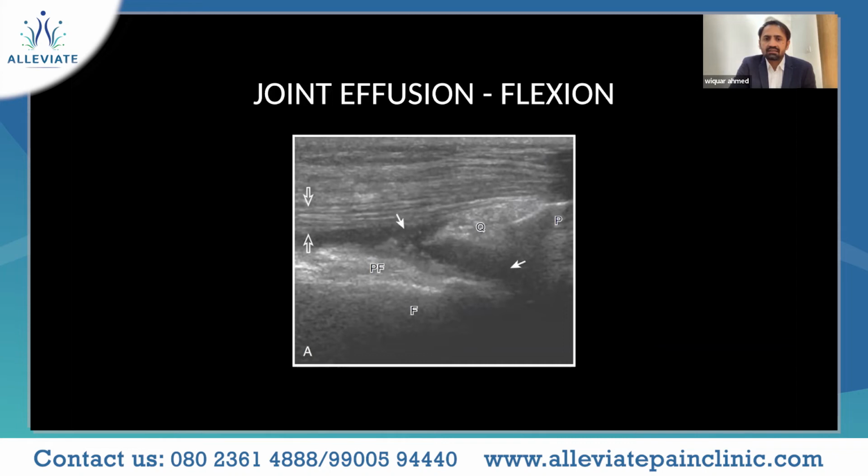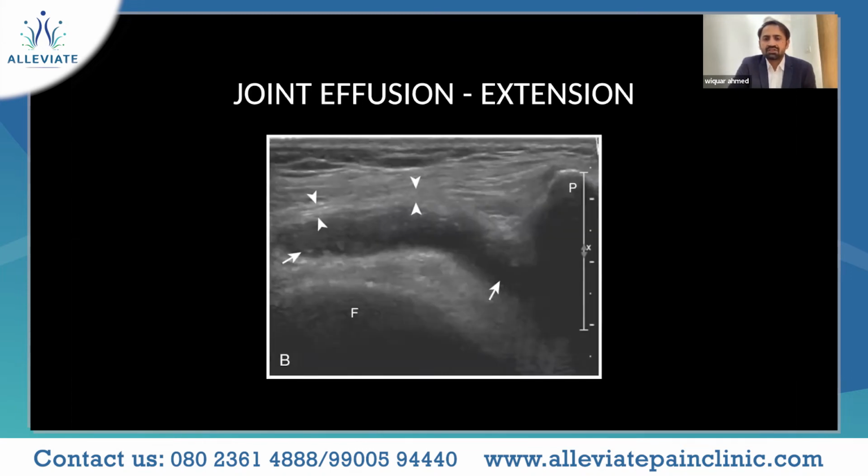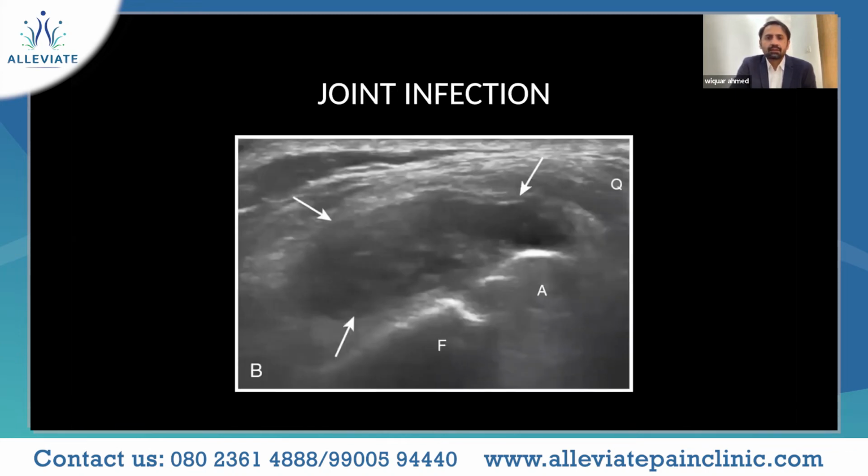Here you can see this effusion. This is in flexion. This is the prefemoral fat pad and suprapatellar fat pad. This is a femur. Here in extension, you can see your normal quadriceps tendon. This is the effusion part of it, which has a connection with your proper joint space.